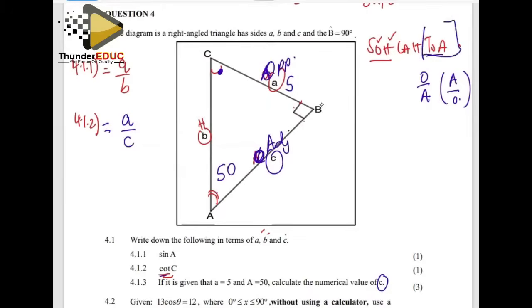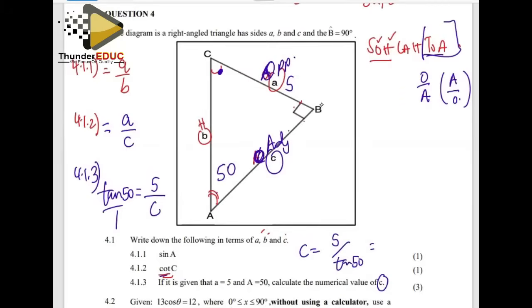It is the tan. So I'll say that tan 50 is equal to the opposite, which is 5, over the adjacent, which I need, which is c. Do the cross multiplication, meaning that c is going to be 5 over tan 50.